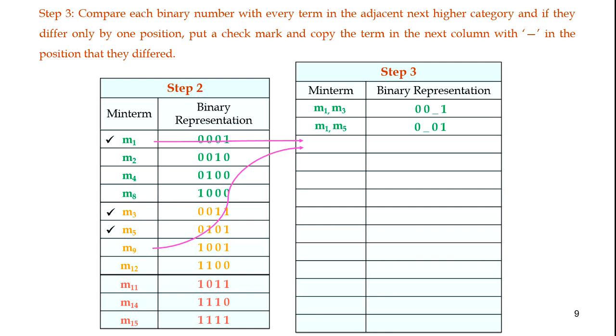Next is M1 and M9. So it goes on like this. The step has to be repeated until we complete all possible combinations. Once we make the comparison, and if it has a single bit variation, we have to put a tick mark in the corresponding minterm.